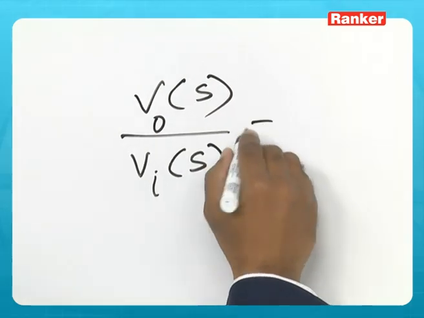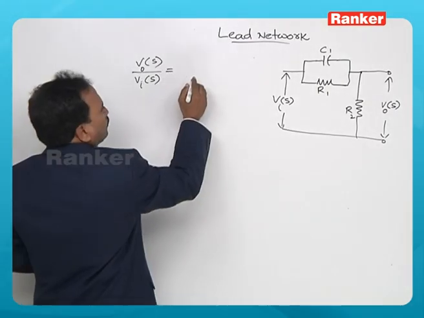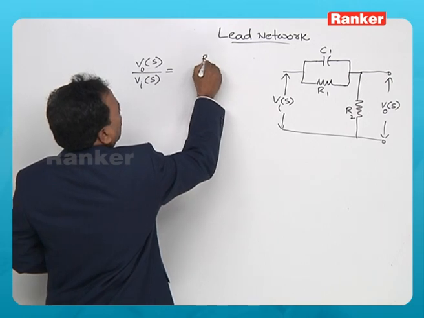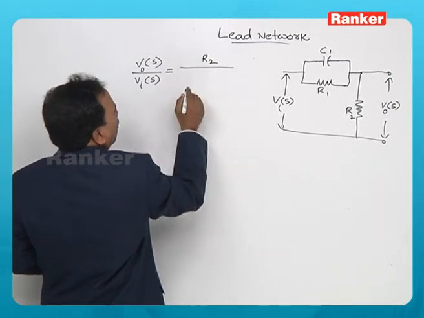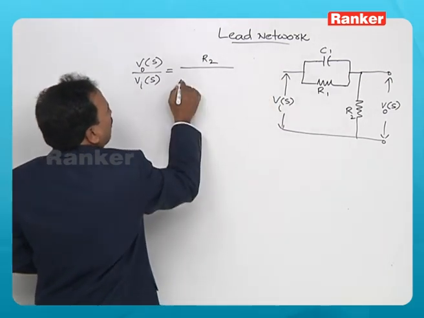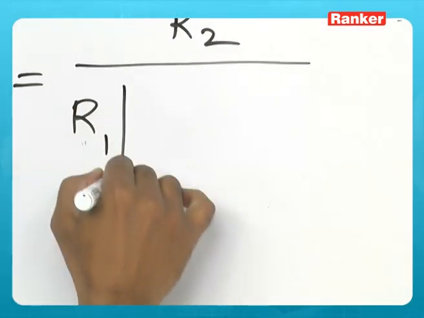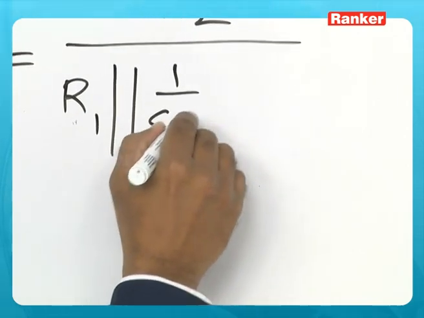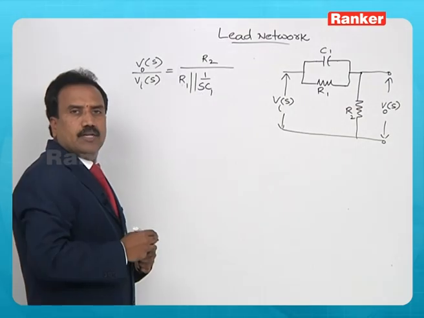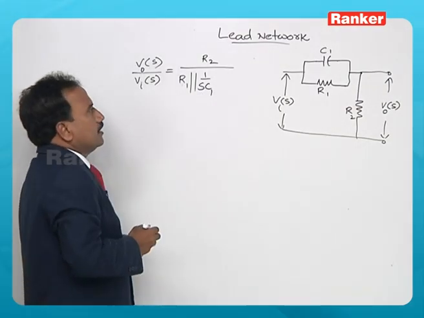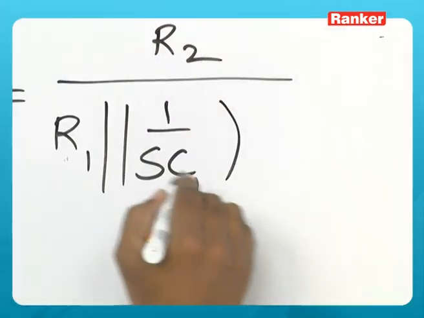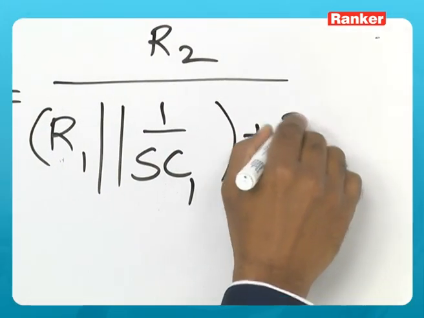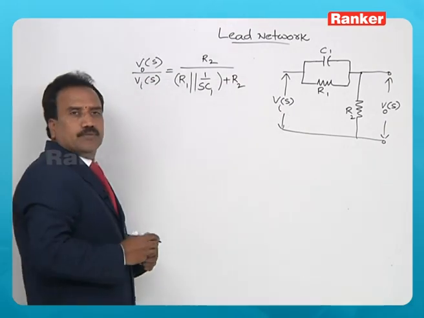So this is given by R2 divided by R1 and C1 in parallel. So R1 is in parallel with 1 by SC1, the Laplace transform of capacitance being SC1, plus the total resistance R2 as it is.